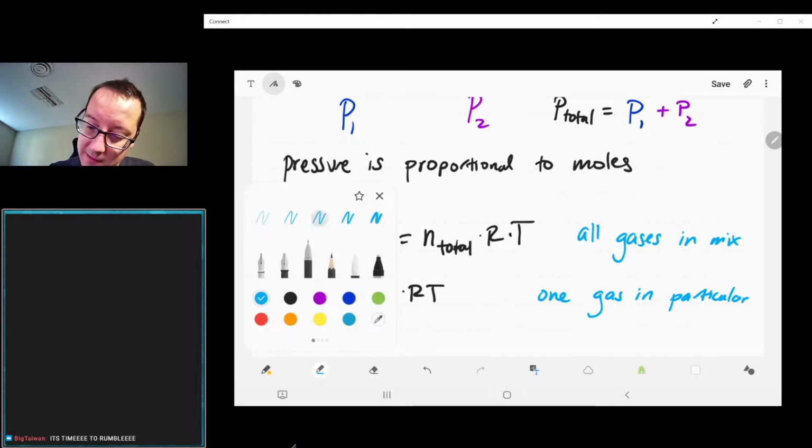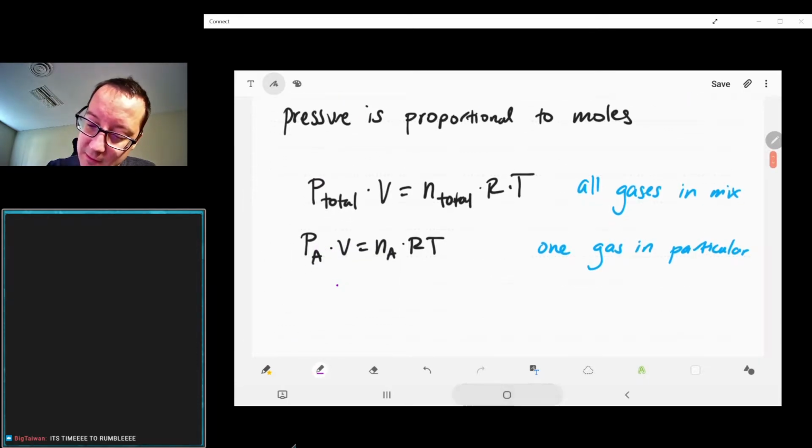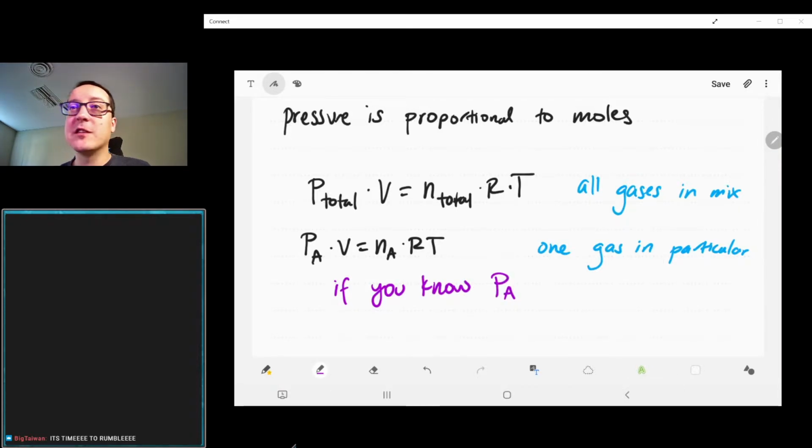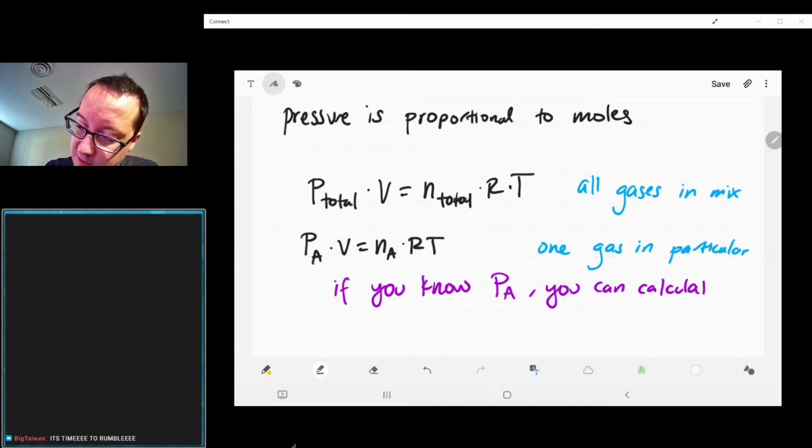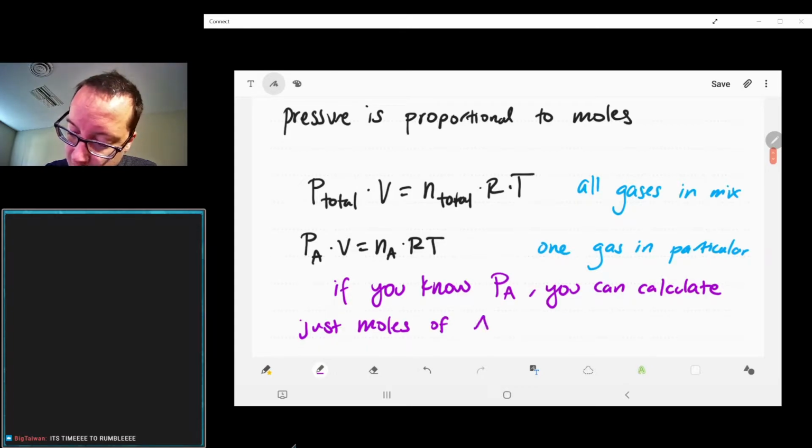So that means that if you can figure out the partial pressure, just the pressure of gas A, whatever that happens to be, you can calculate just the moles of A. Whatever A happens to be, it could be xenon, methane, who cares?